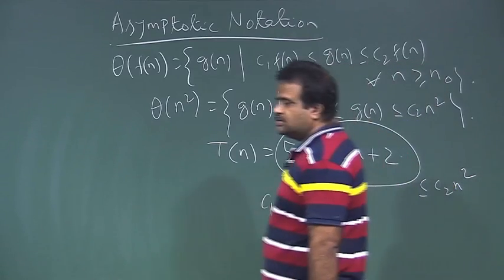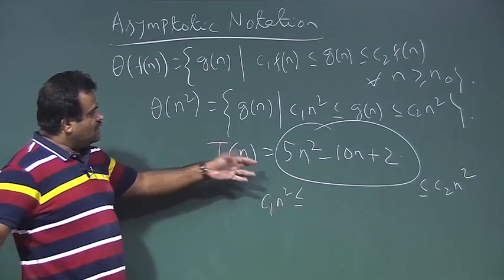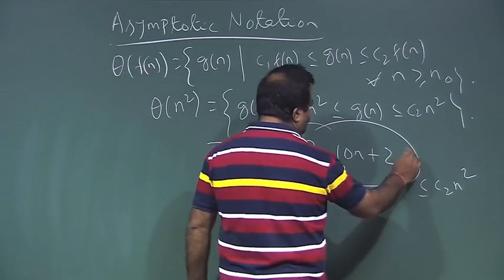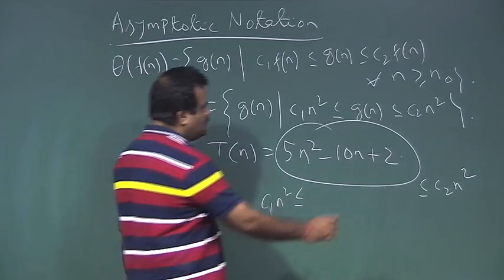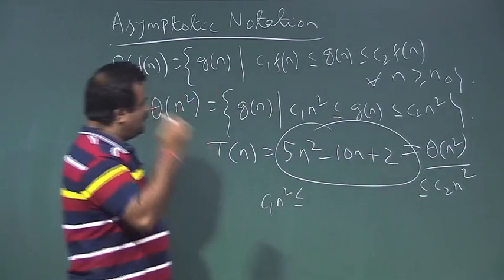We can always choose C1 and C2 as suitable large constants, so this belongs to big theta of n square, but we will just write this as big theta of n square.